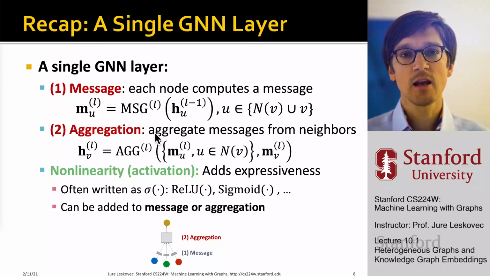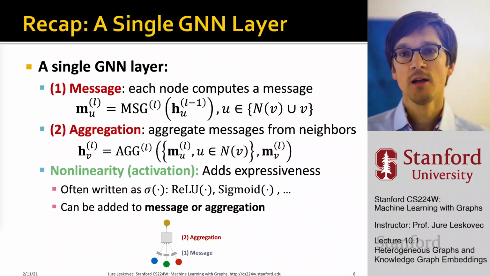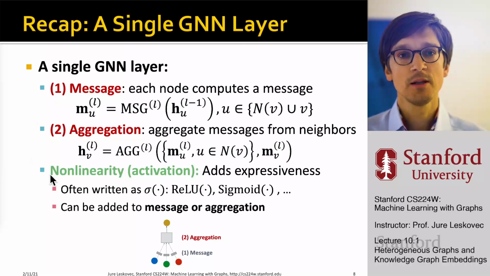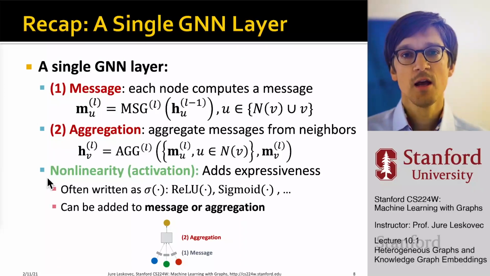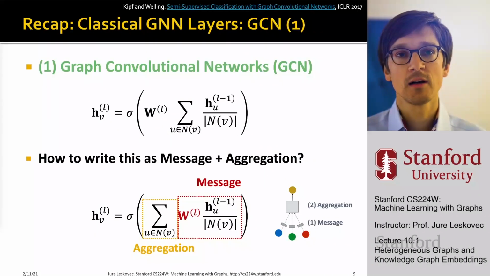And then the way the aggregation of these messages happens is that the node V will basically take these transformed messages from each of the children and aggregate them in some way, combine it with its own message, and produce the message or the embedding of the node at the next level. And in order to add expressivity in terms of feature transformations, not in terms of capturing the graph structure, we can then also add nonlinearities, activation functions like sigmoid, ReLU, and so on. This is how we think of graph neural networks.